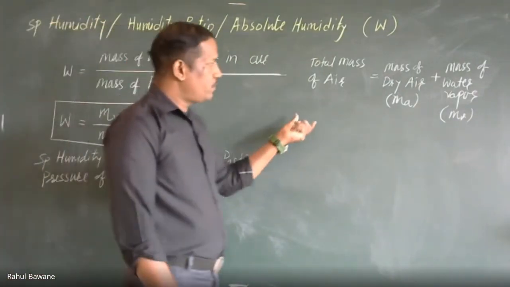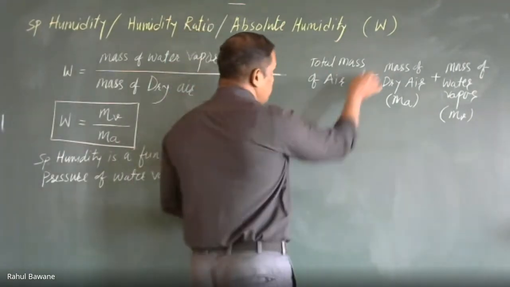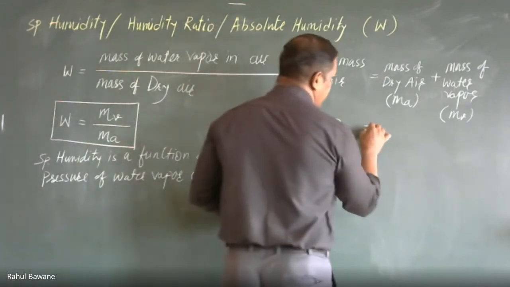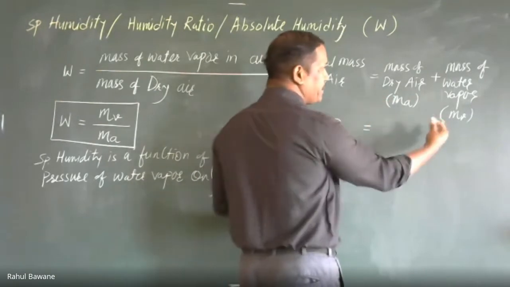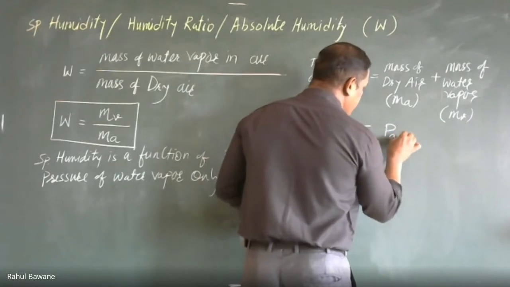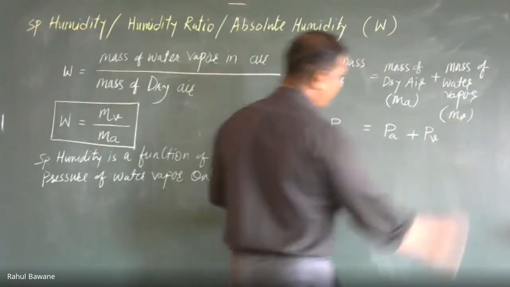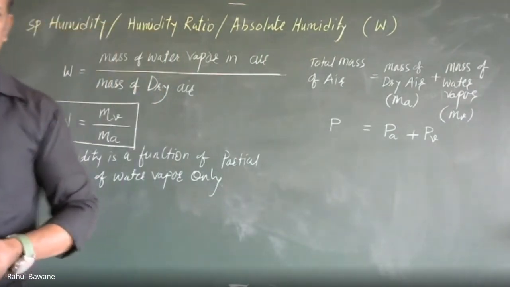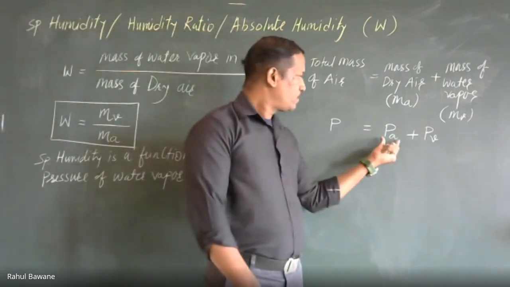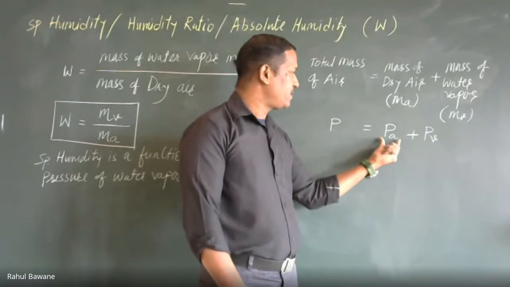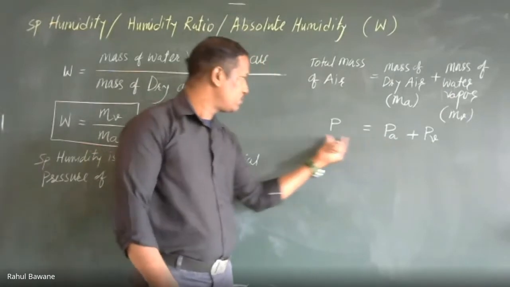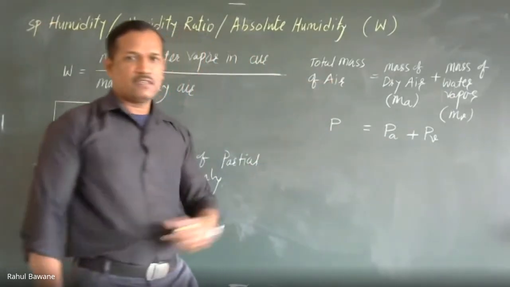When I am talking about the pressure, the total pressure exerted by this total mass of air will be P. It will be the addition of the partial pressure of dry air plus the partial pressure of this water vapor. We know Avogadro's law. So the partial pressure exerted by the dry air content is PA, and the pressure exerted by the water vapor is PV. If I add these partial pressures, it will be equal to the pressure exerted by the total mass of air.